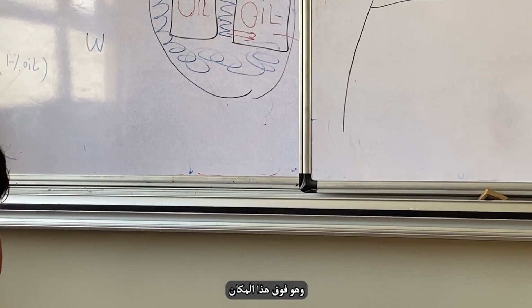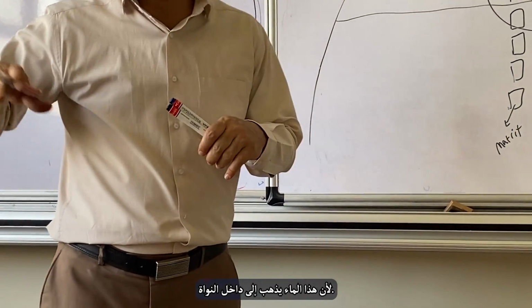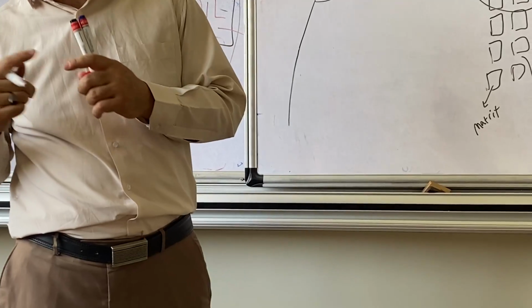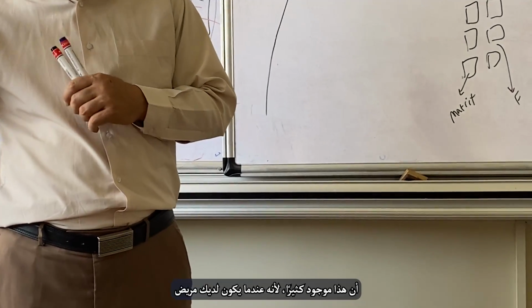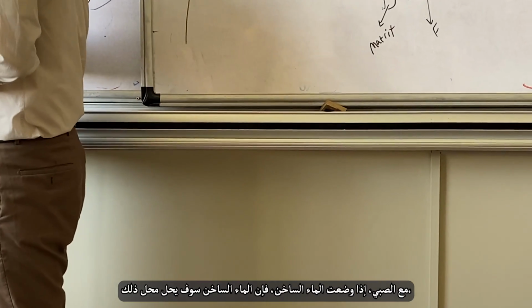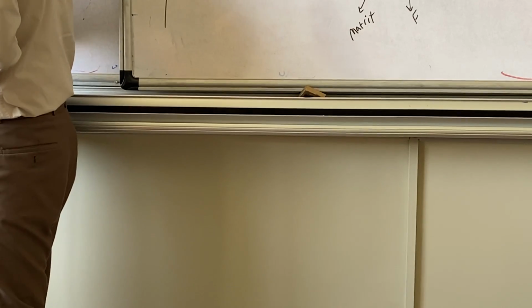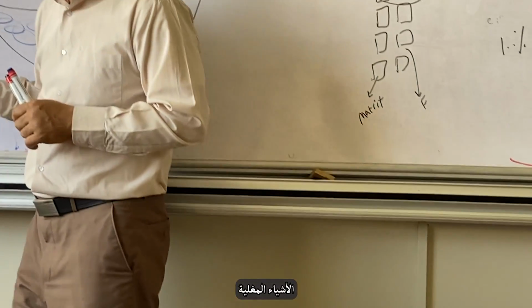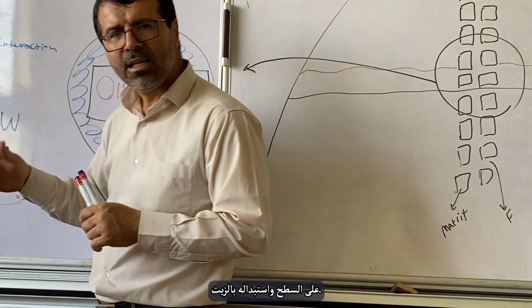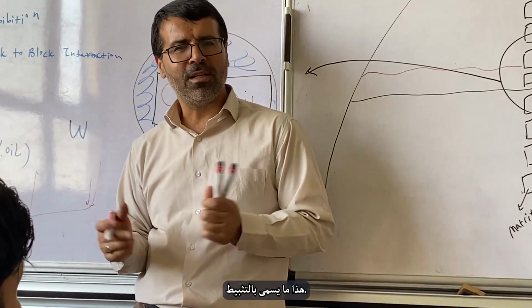Remember, the volume doesn't change, because the amount of water that goes inside the core equals the oil that comes out. The ladies use this very much, because when you have dishes with oil, if you put hot water, the hot water is going to displace the oily stuff toward the surface. It's called imbibition.